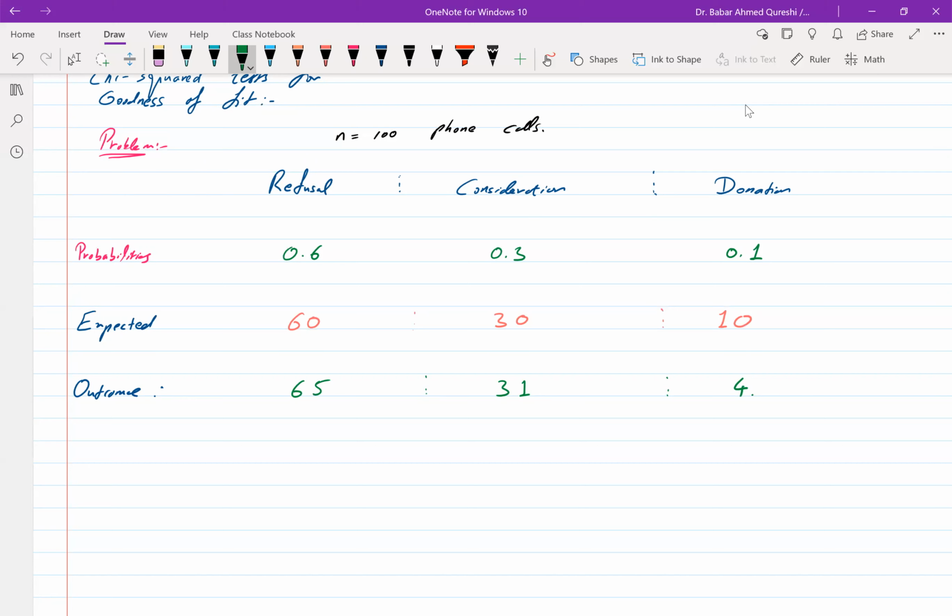Should they be worried that something is changing about their pitch, about their marketing, and things are changing from the past or not? So based on this data, they want to test the null hypothesis that the probabilities of those 3 donation categories are as given above.